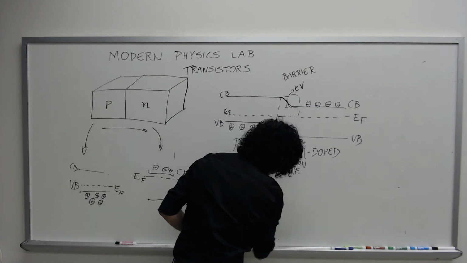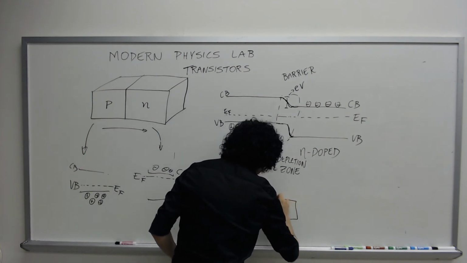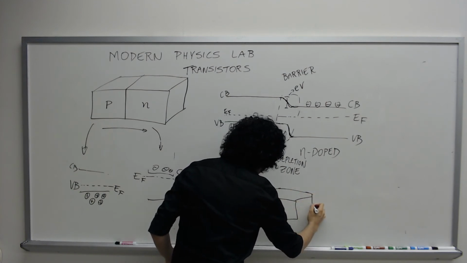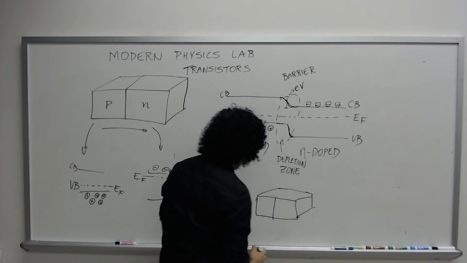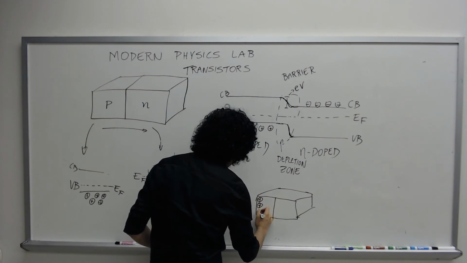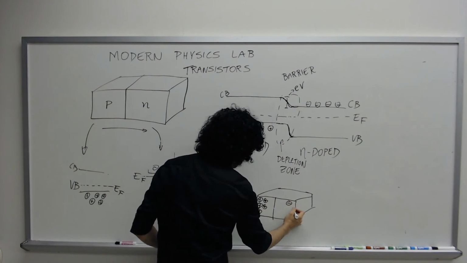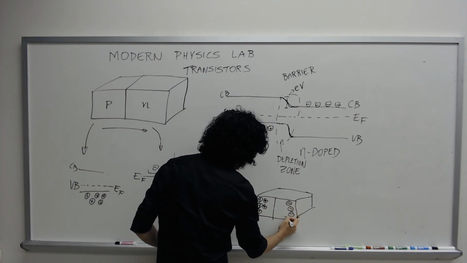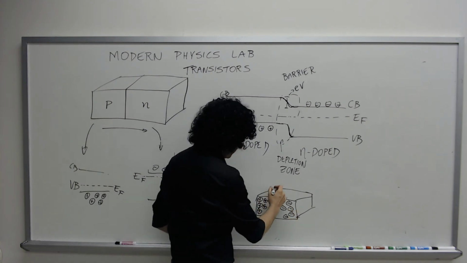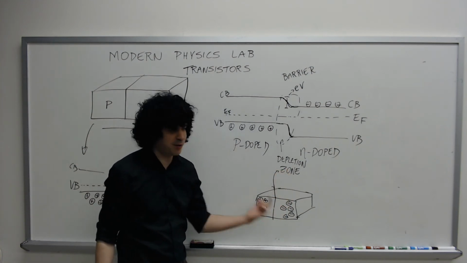let me draw a little bit smaller. So if you have the P and the N doped crystal, we know that here I have holes and here I have electrons. And in this zone here, the depletion zone, there are no majority carriers.